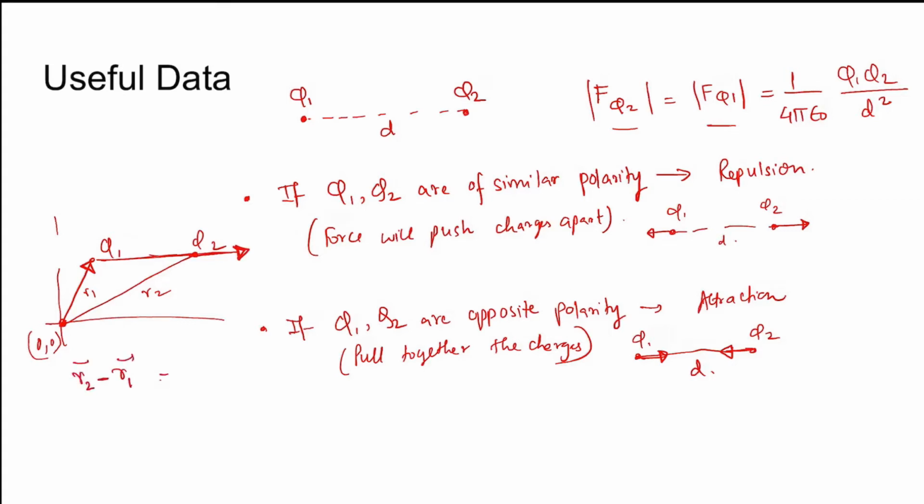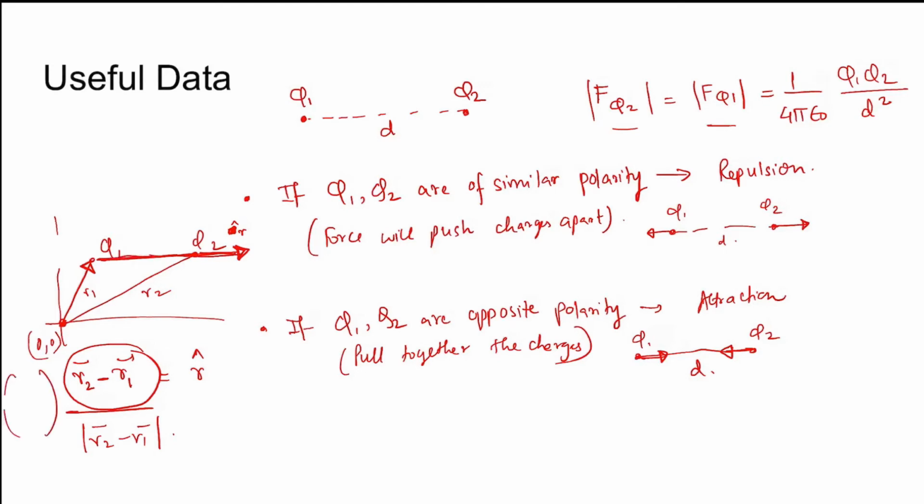Let's name that unit vector r hat. Since this is a unit vector, we need to take the direction only, not the magnitude, so divide by the modulus of r2 minus r1. So r2 minus r1 is the vector, and dividing it by its magnitude gives the unit vector along this direction.